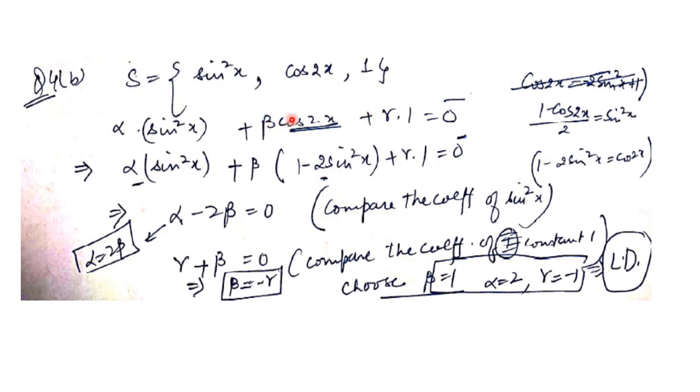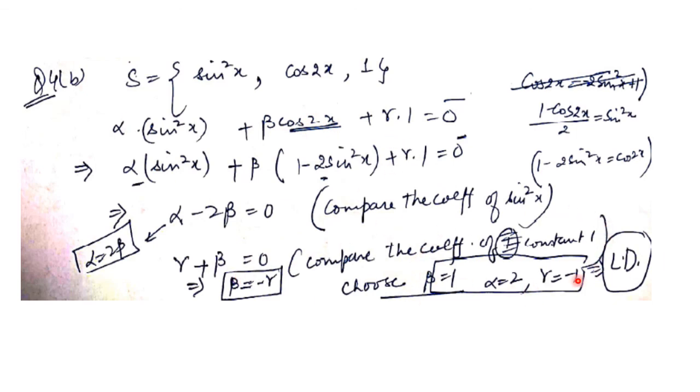It means this cos 2x depends on sin square x and 1. This cos 2x can be written as a linear combination of these two. So when one vector depends on the others, it means the complete set is LD. You can solve this by making three equations, or you can write this as a linear combination of the other two. Since this vector depends on these two, therefore this set is LD.